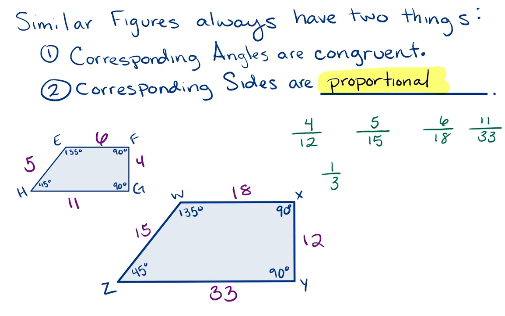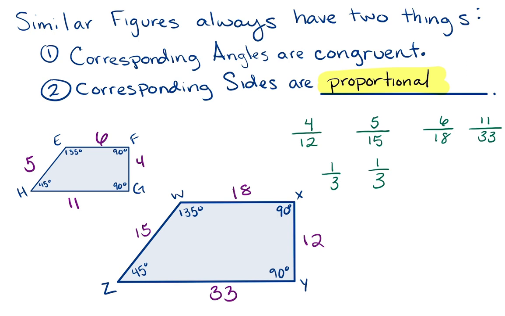And then if I do the same thing with 5/15, that simplifies to the same number. So in my quest for showing that these sides are proportional, I've shown two sets of sides to be proportional. But because we have to show this for all of them, I have to do all four fractions.